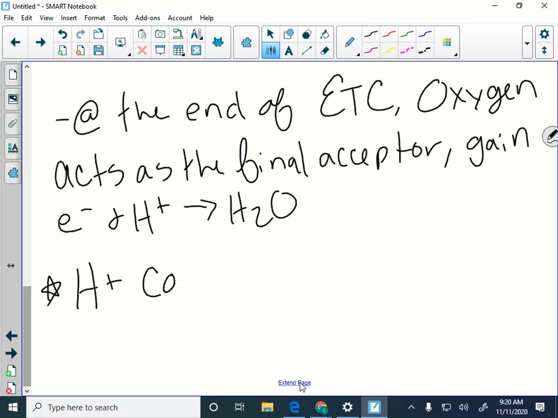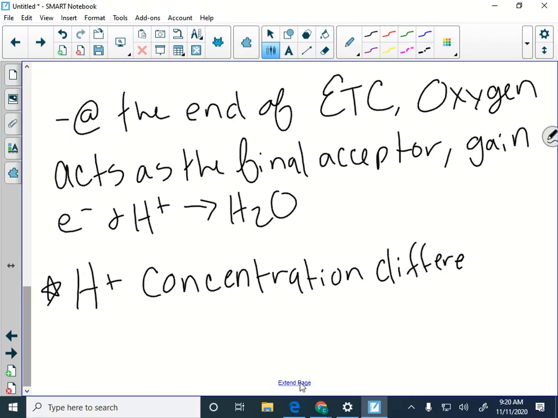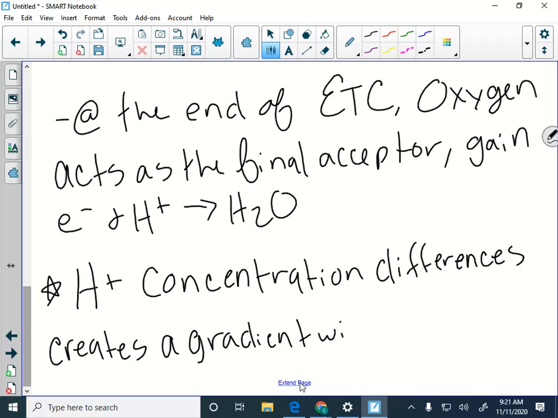H plus concentration differences creates a gradient that has potential energy.